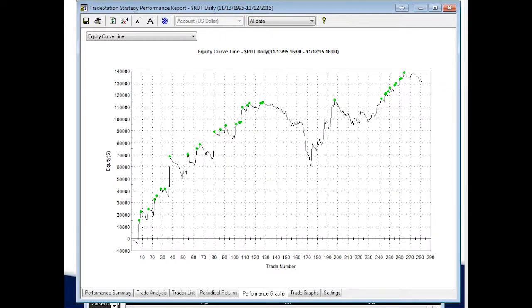This strategy here, a very simple momentum indicator, is not something I would recommend as a trading system because it's a little too simple and a little too volatile in the returns. You can see that when the market is not rising, it does okay, but when the market's full on in a bear market, the trades really can go against you pretty bad. It's generally a strategy that works.